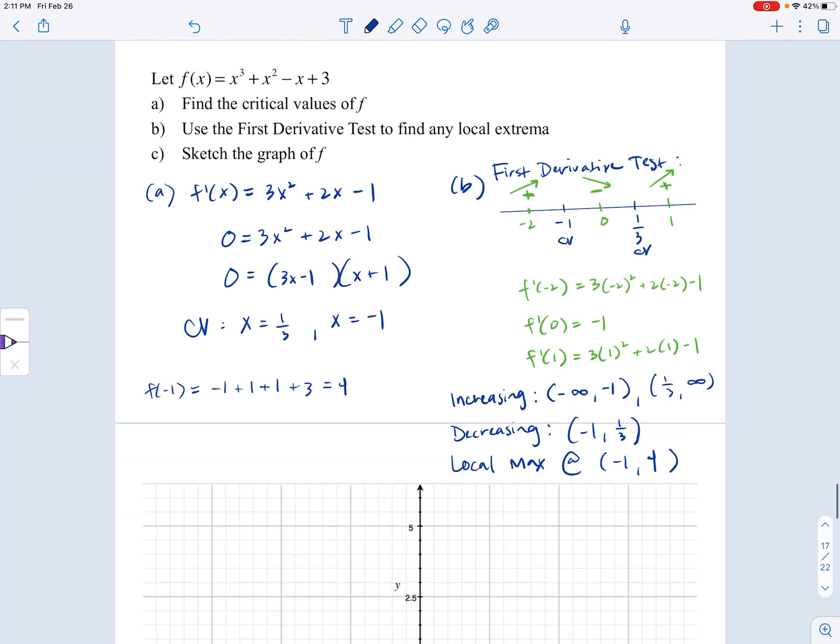So 4. And then the graph goes from decreasing to increasing at x equals 1/3. So there's a local min at 1/3, comma, and then finding f of 1/3. I already did this, so just for the sake of time, it's 76 over 27.